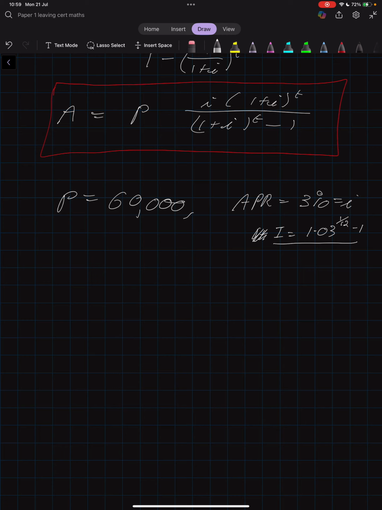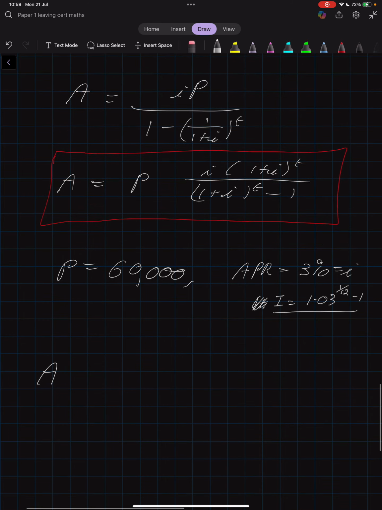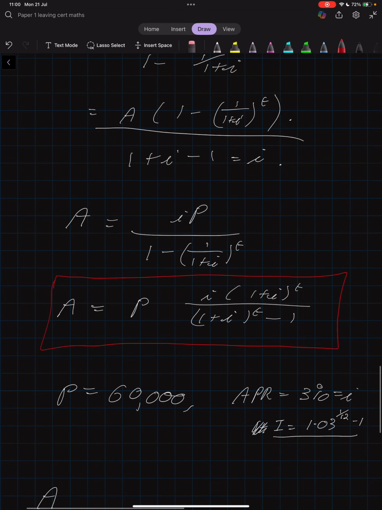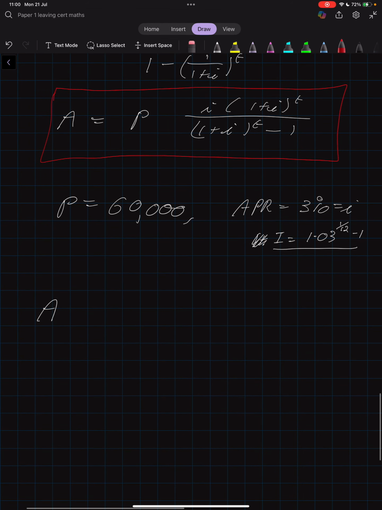So you have your annual repayments, A. Sorry, I never said that back up here: you're paying the same every single time. It's always equal repayments. It's not like you're paying a tenner this week and then 20 this week. You're paying the same thing every single week or month or year.